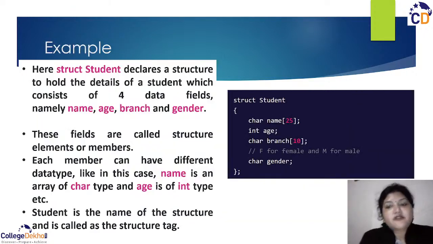Now let us have some examples of creating a structure. We have defined a structure of student, and this student structure contains the name of the student, the age of the student, the branch of the student, and the gender of the student. Let us see first the syntax part of this, then I am going to explain it.